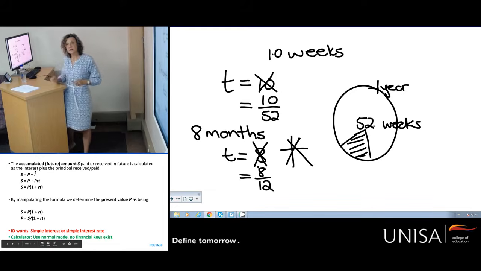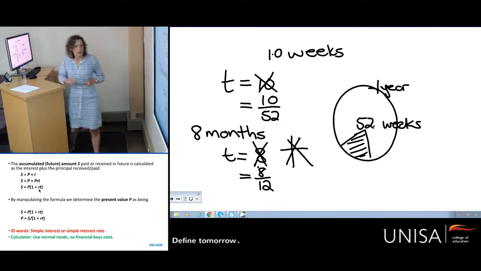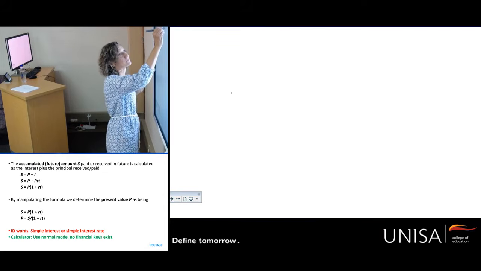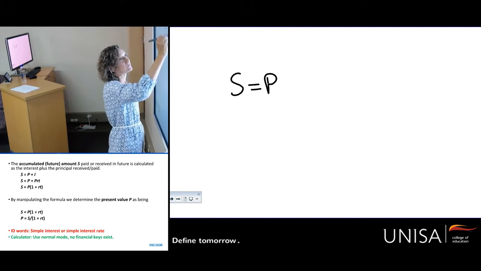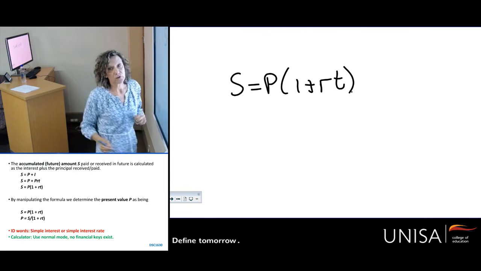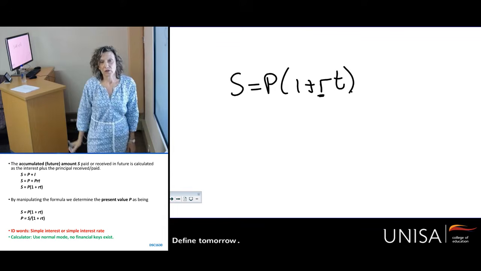Okay, we looked at the accumulated future value, S, and I've shown you that S is equal to P(1 + RT). Now, just for interest's sake, we're using R as our interest rate.